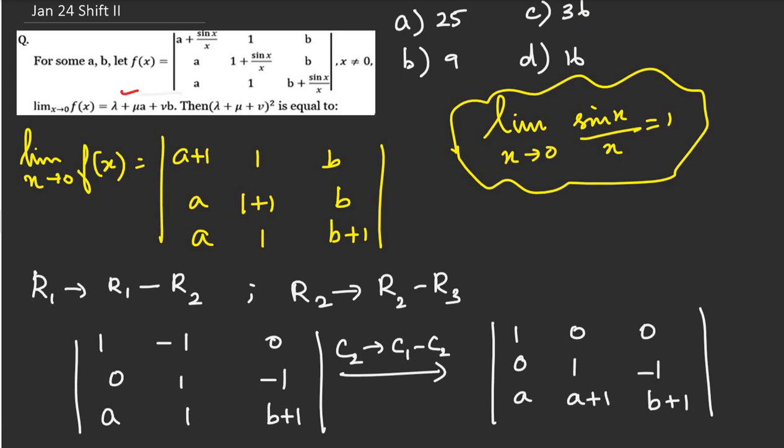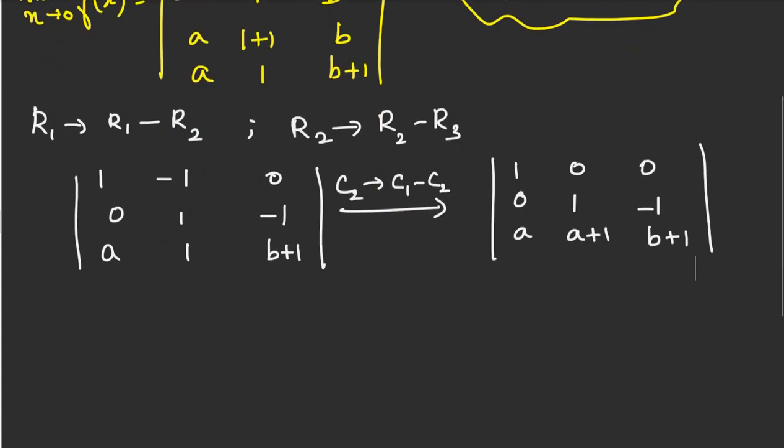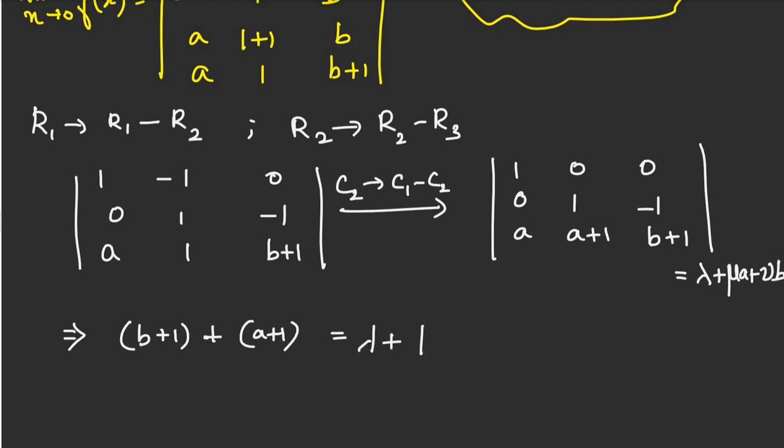Now expanding the determinant, we get 1 into b plus 1, plus 1 into a plus 1, minus 0. Now we equate this to the right hand side, which is lambda plus mu a plus mu into b.